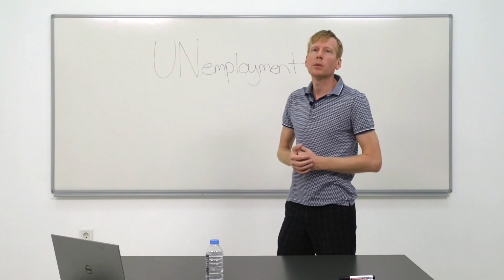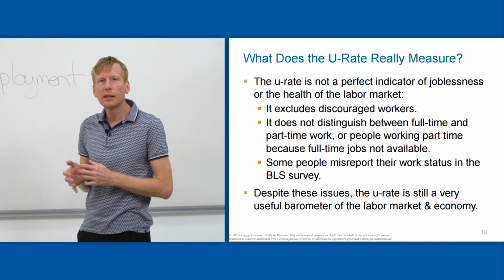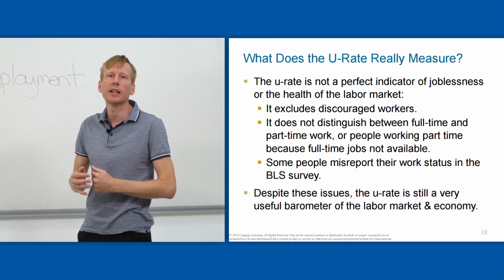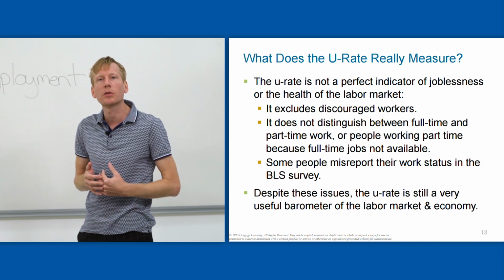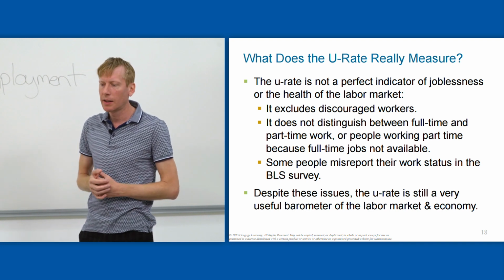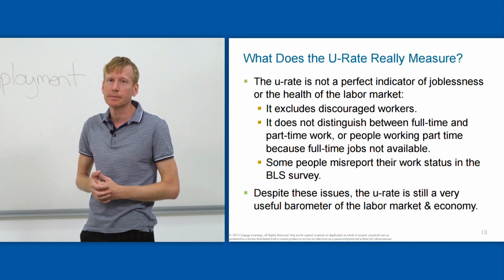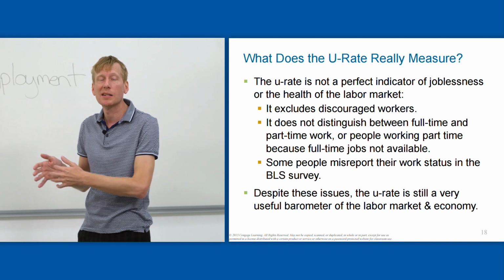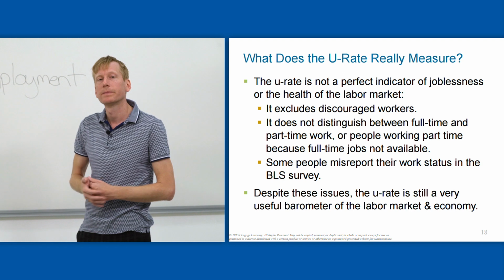So then what does the unemployment rate really measure? It's missing some important indicators of the strength of the labor market, or whether labor market outcomes are relatively good or relatively bad for workers this year compared to last year. Because it does exclude discouraged workers like John. And once a worker becomes discouraged, we actually see that our unemployment rate falls.